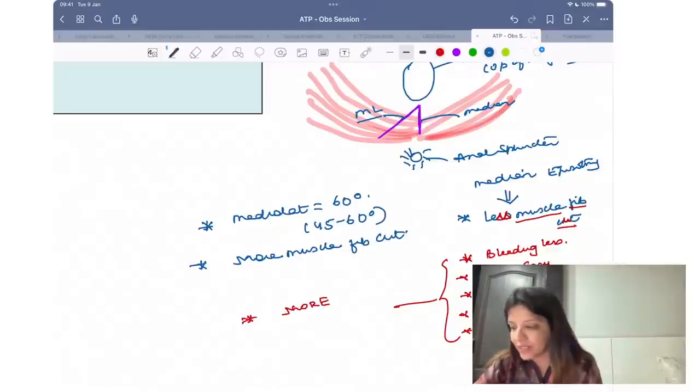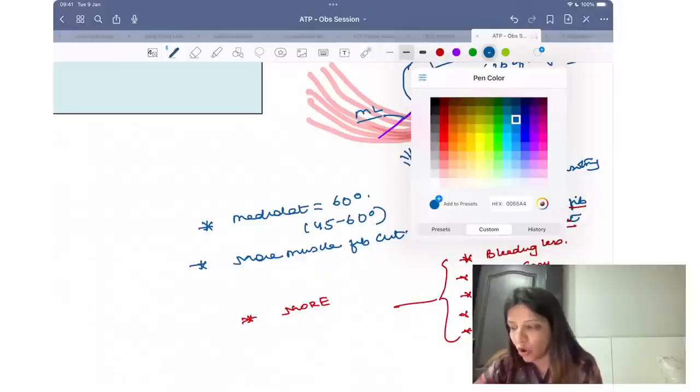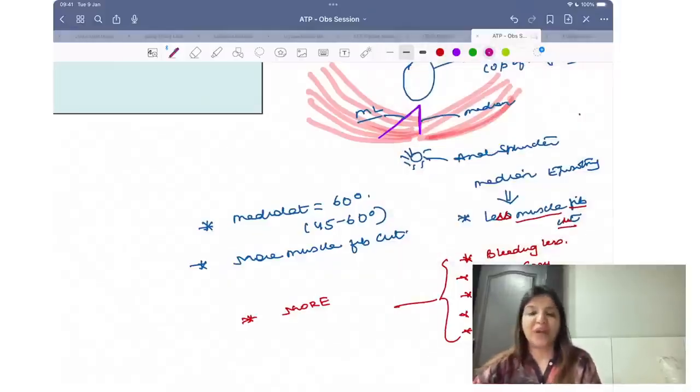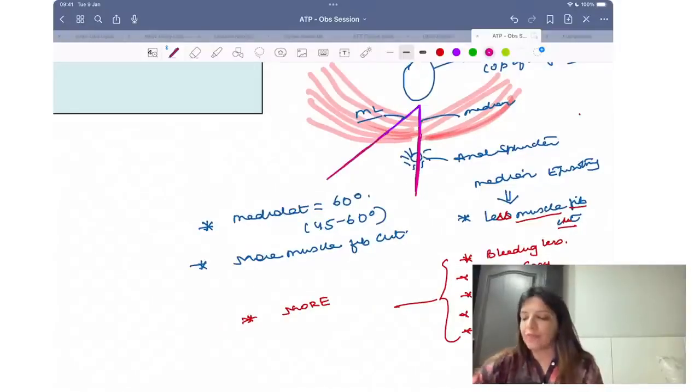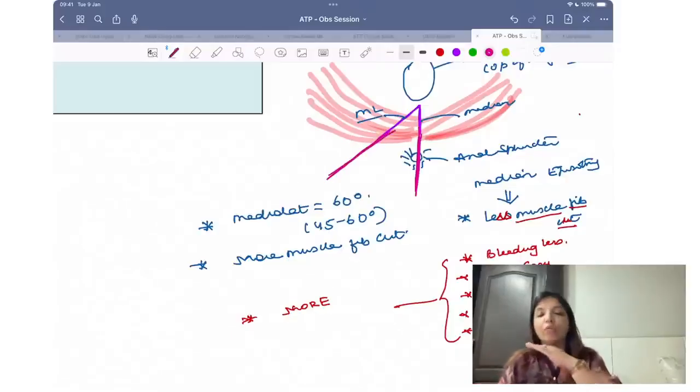If while doing delivery I am not careful, in median episiotomy I will be tearing the anal sphincter. I will be damaging the anal sphincter. But in case of mediolateral episiotomy, no matter how much I extend, I will never be able to injure the anal sphincter.